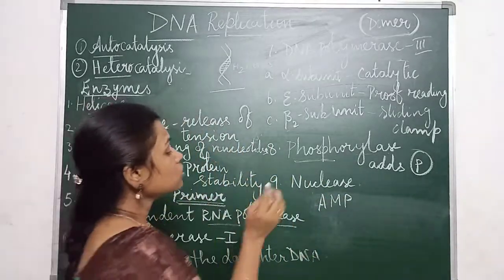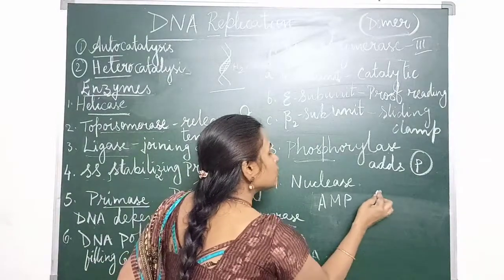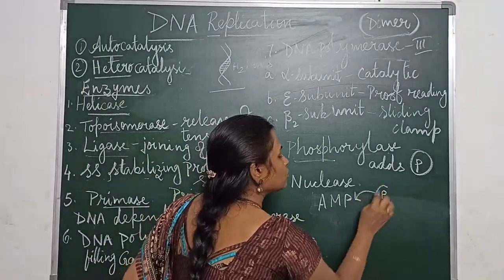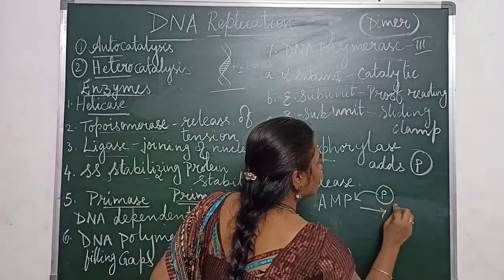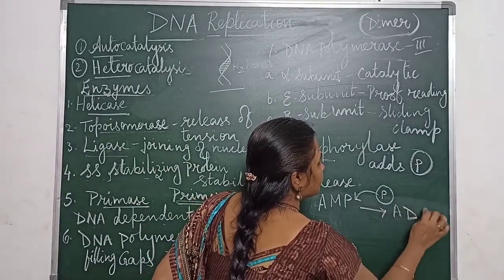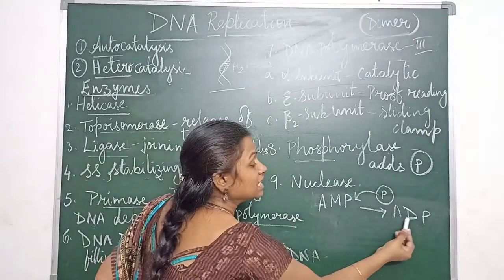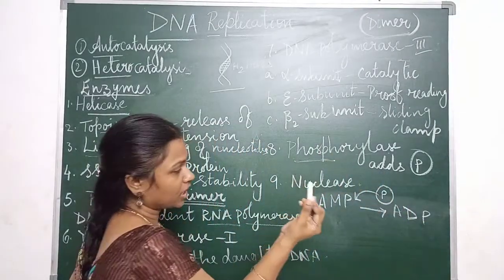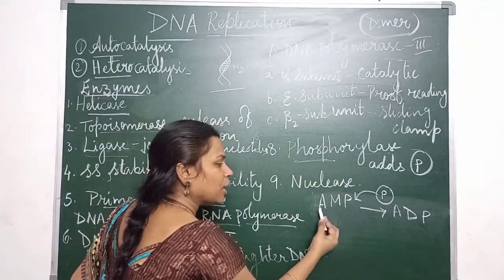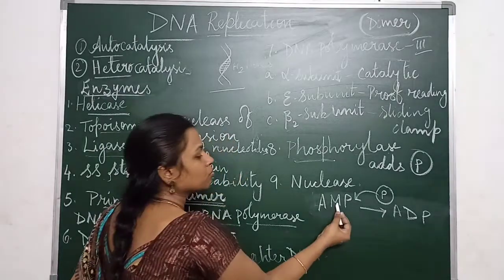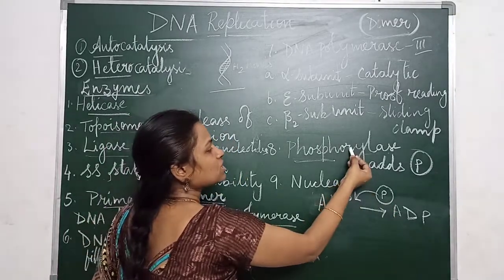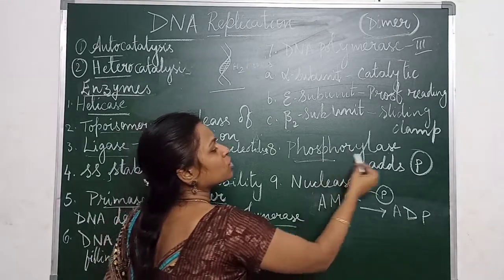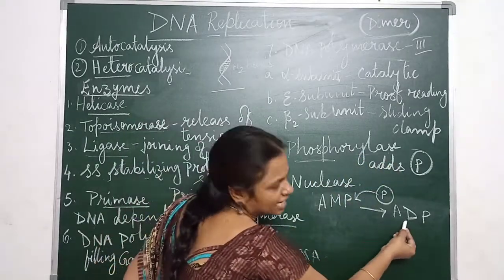If one more phosphate is added to this, we get ADP, adenosine diphosphate. When we add a phosphate in the presence of the enzyme phosphorylase, AMP becomes ADP.